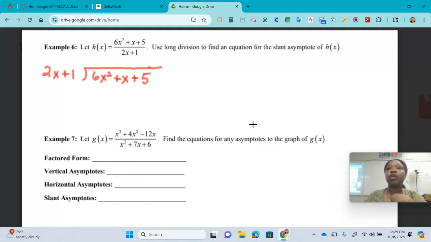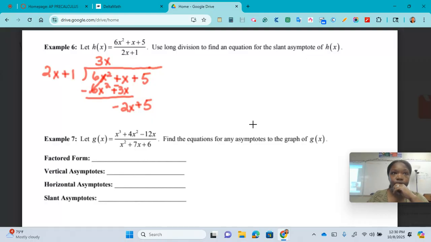First, 2x goes into 6x squared how many times? 3x times. 3x times 2x is 6x squared. 3x times 1 is 3x. We subtract both terms. That crosses out. 1x minus 3x is negative 2x, and we bring down the plus 5.